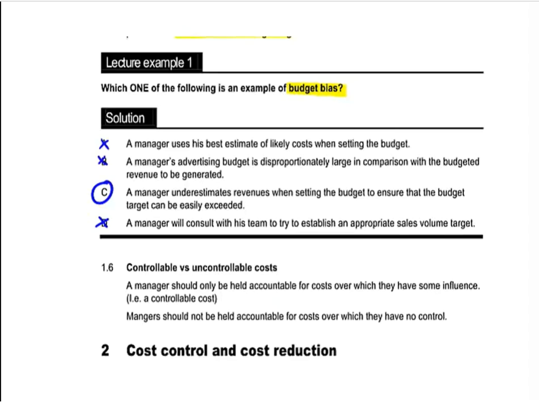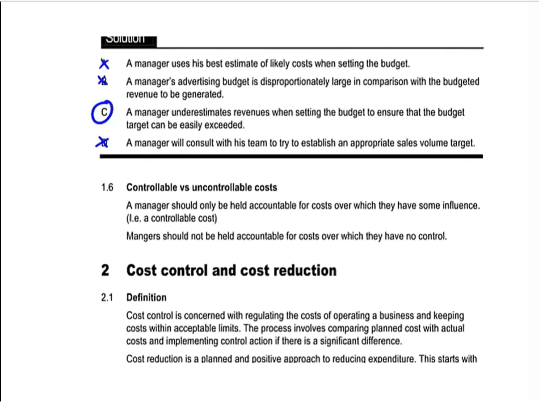When we're thinking about evaluating performance, something which we've mentioned before is this idea of controllable and uncontrollable costs. And a manager then is only going to be held accountable for a cost over which they have some influence, because that's what makes it a controllable cost.